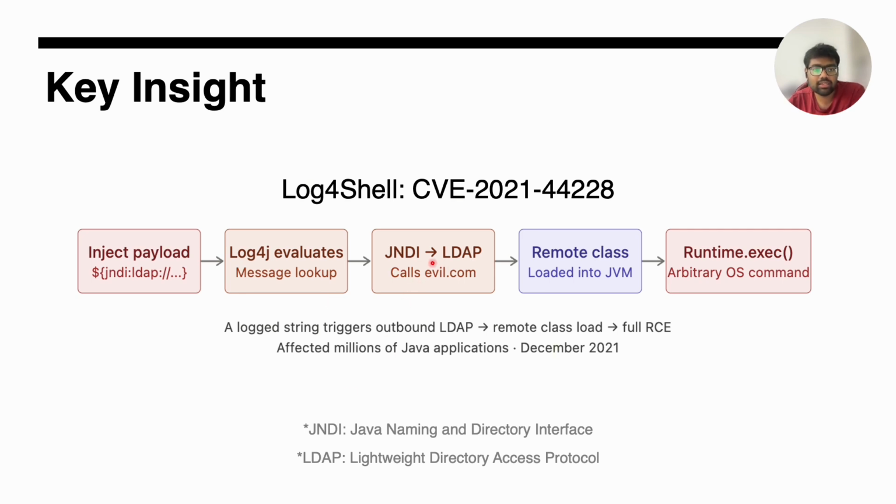So in this case, it looks up the JNDI string and calls an LDAP server, which returns a remote class from the attacker's server, evil.com. And when this malicious remote class gets loaded into the JVM, it tells the JVM to run an arbitrary OS command. And bam, you have an OS command injection attack taking place.